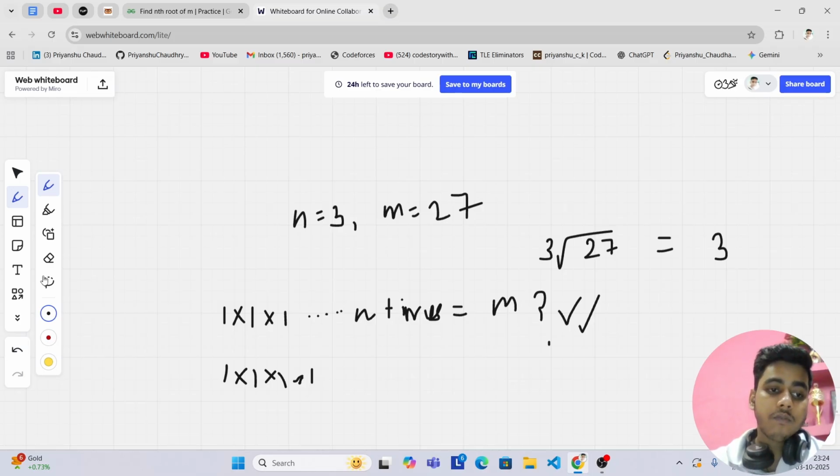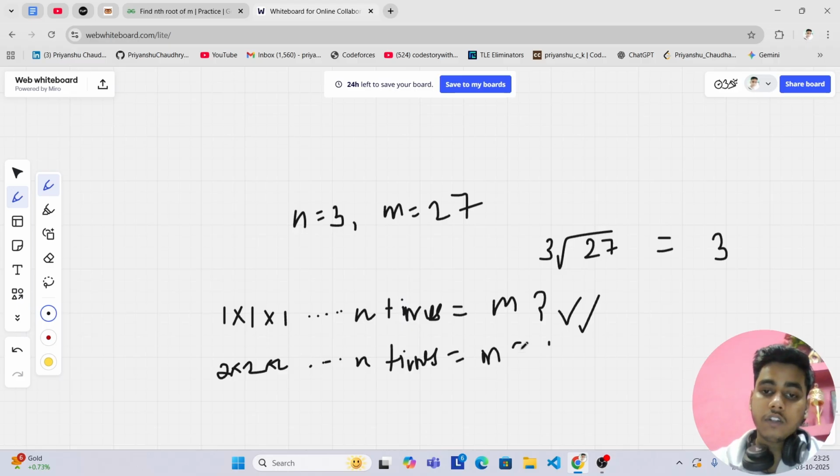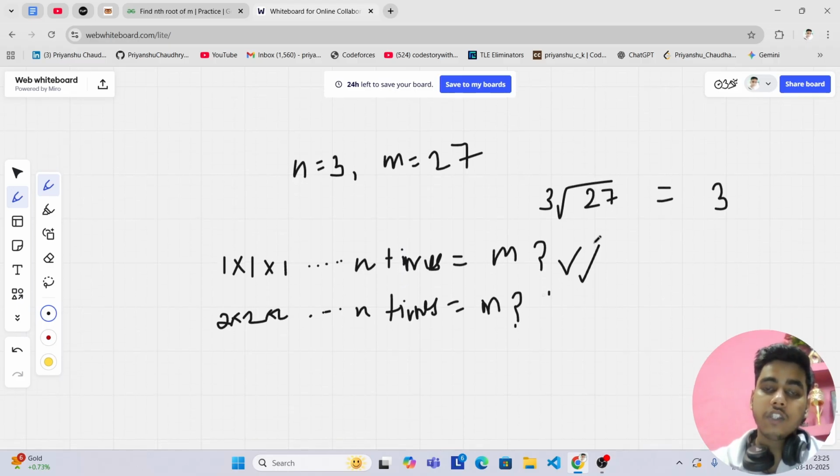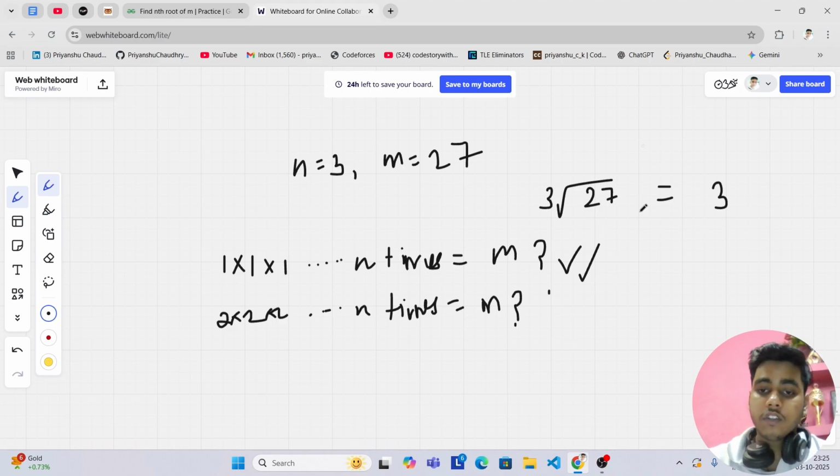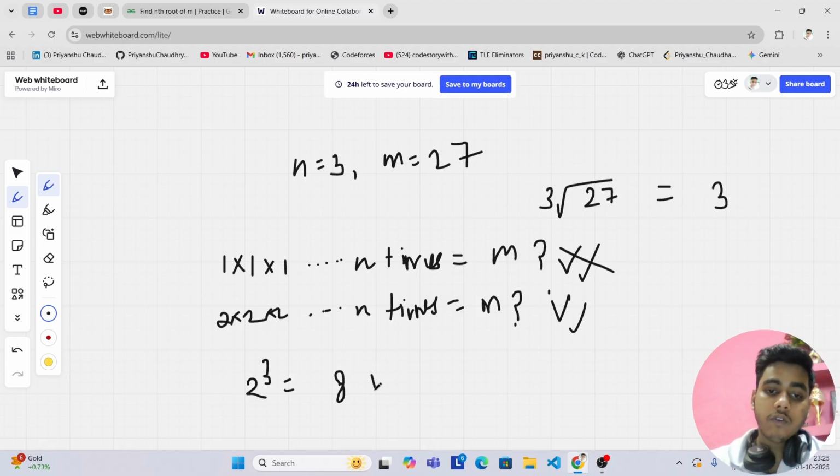So we will move forward and do the similar for 2. Now we will multiply 2 n times, and we will check if it is equal to m, and if it is equal to m, we can say that yes, we have found it. But in this case it was not, and here if we multiply 2 three times, that is cube of 2, this will be 8, which is not equal to 27.